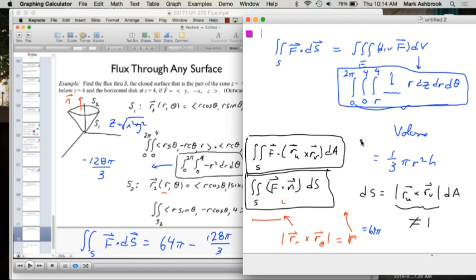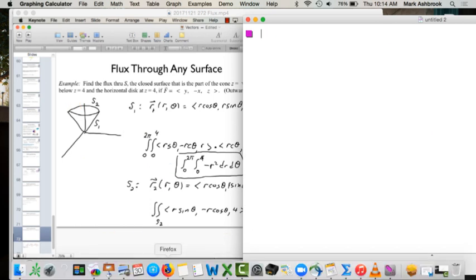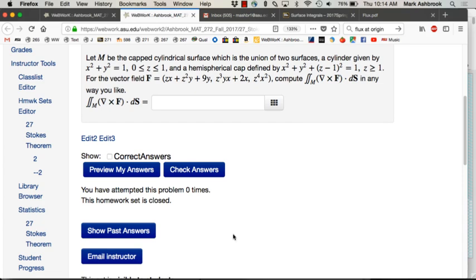I want to talk about that WeBWorK problem. So we have this integral over the surface M of the curl of F dot dS. Is this a candidate for the divergence theorem?